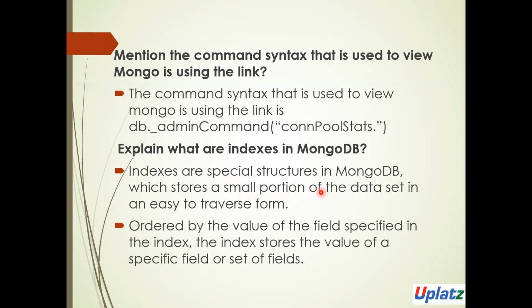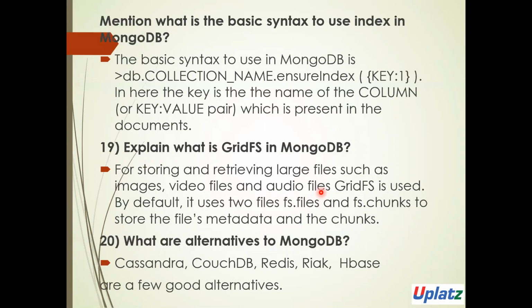The value of the field specified in the index is stored as a set of the values of the fields. What is the basic syntax? db.collectionName.ensureIndex. In the latest version they have changed it, but in the previous version the name is createIndex. Here key is the name of the column which is present in the document.